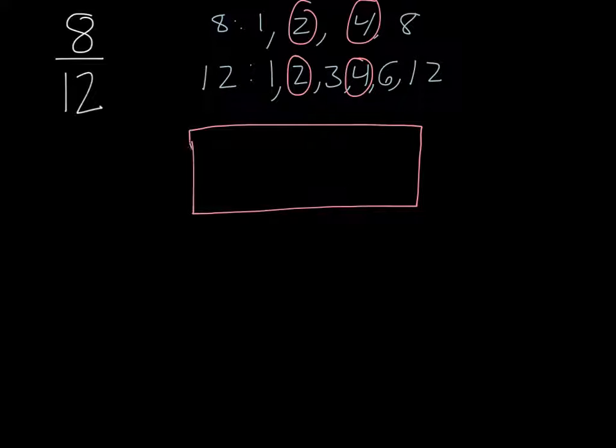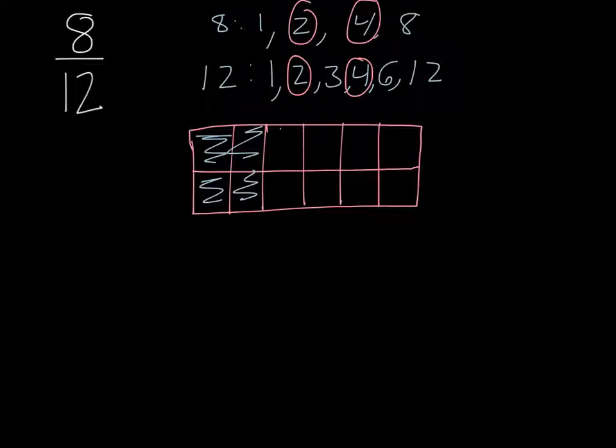So if I have the fraction 8/12, I'm going to divide this into 2 rows. Now I've got 12 boxes, and I'm going to shade in 8 of them. Okay, I'm going to draw the same area model.